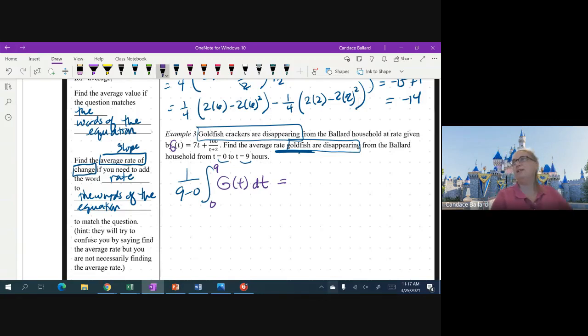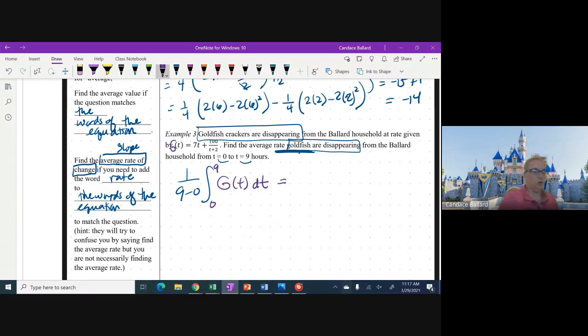Okay, this time let's practice putting this into our graph, into our function. Okay. Oh no. Hang on.